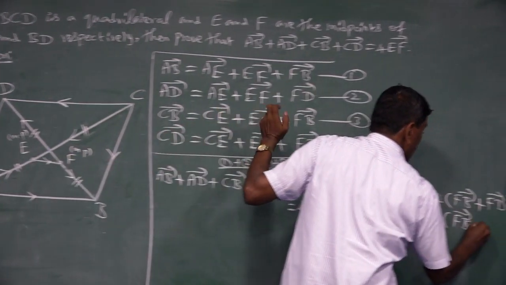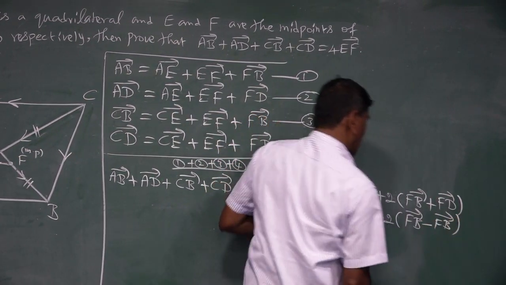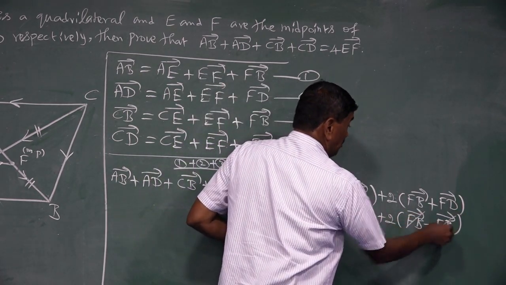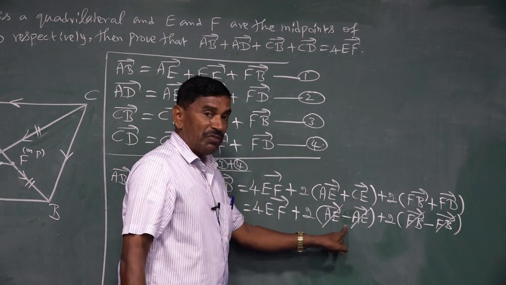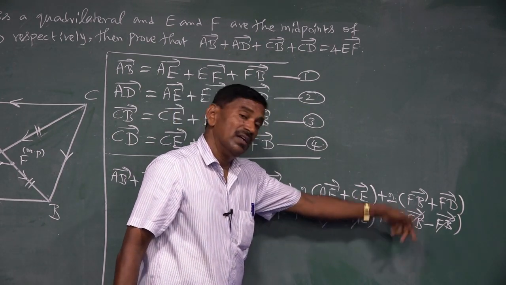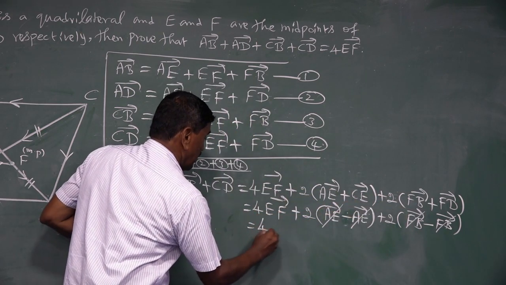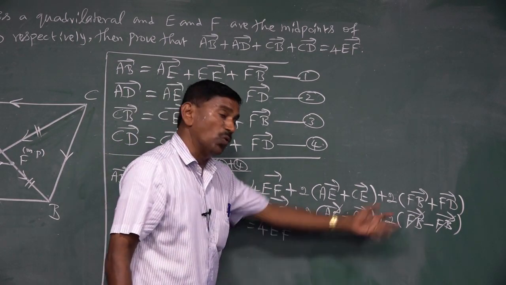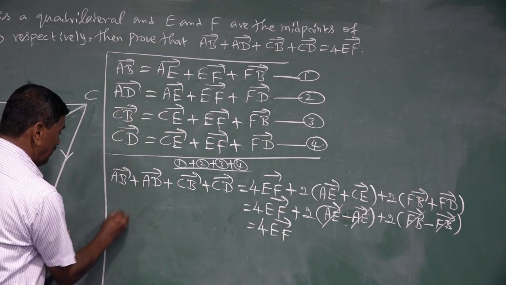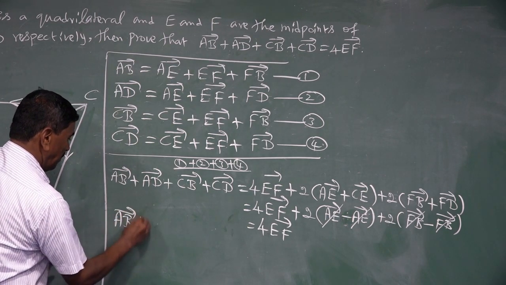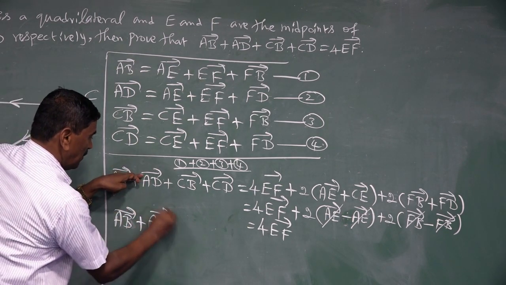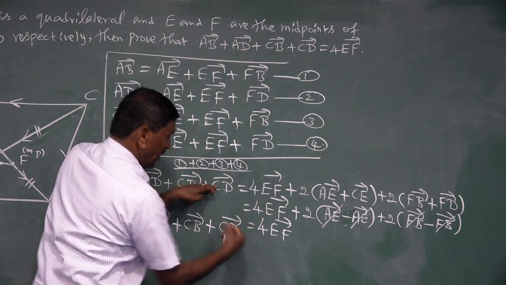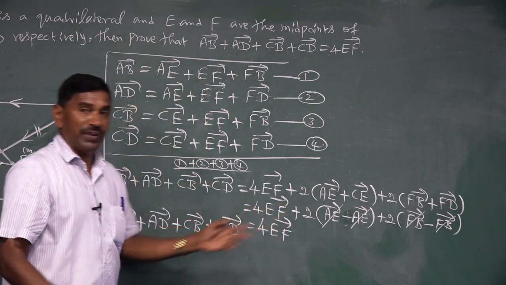Plus AE minus AE cancel, plus FB vector minus FB vector cancel. Now 2 into 0 vector plus 2 into 0 vector equals 0. So it is equal to 4 times EF vector, hence proved. Now write the question with the answer. Therefore, AB vector plus AD vector plus CB vector plus CD vector is equal to 4 times EF vector. So hence proved.